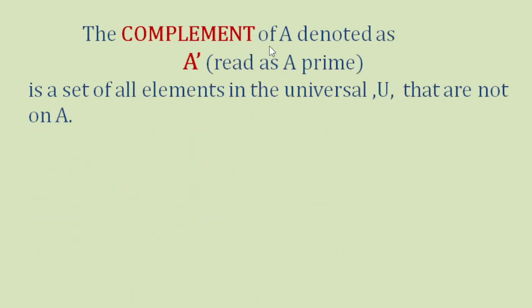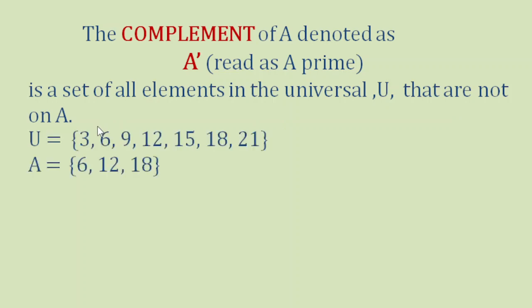The complement of A, denoted as A prime, is a set of all elements in the universal set U that are not in A. For example, the elements of U are 3, 6, 9, 12, 15, 18, and 21, and the elements of A are 6, 12, and 18.